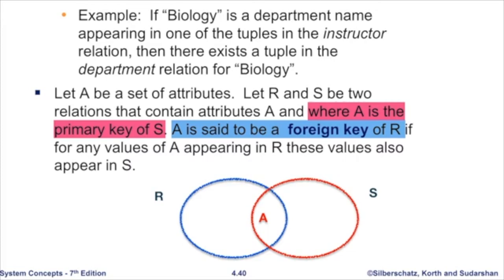Okay, so this means A is a subset of R if for any values of A appearing in R, these values also appear in S. So if that record is in R, the record it refers to should be in S.